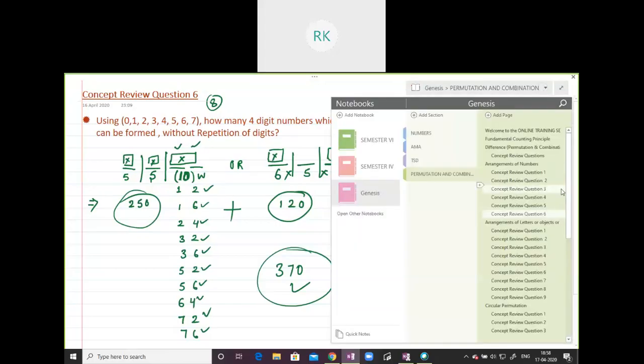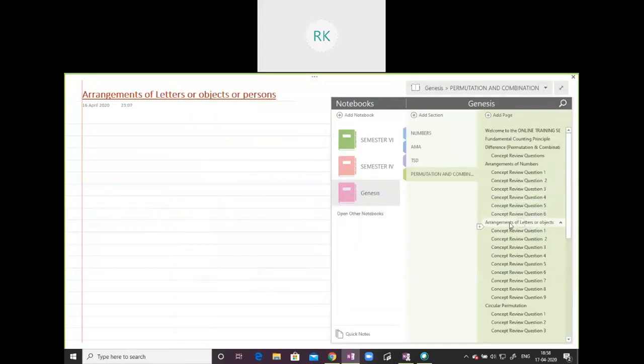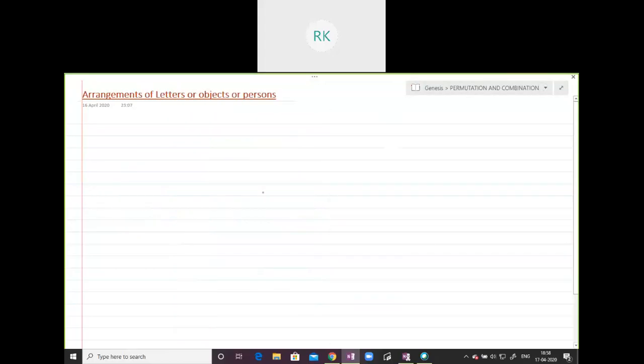So here we go for now. We'll try arrangement of letters or objects or persons. How do we arrange it? Right? Let's say one name, let's say there's one word, GREAT. G-R-E-A-T.